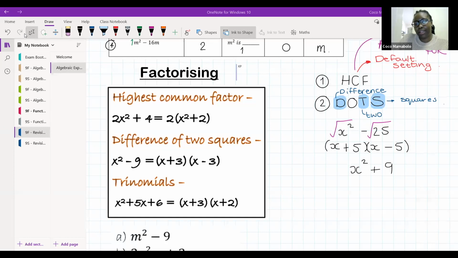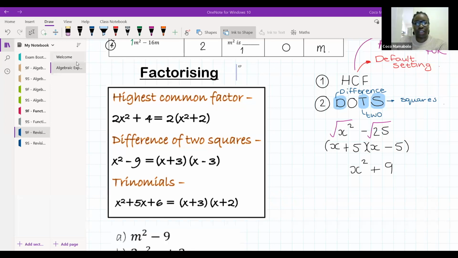Think about it. Olebogeng, what do you say? You take x plus 3 into... No, it's not, Olebogeng.